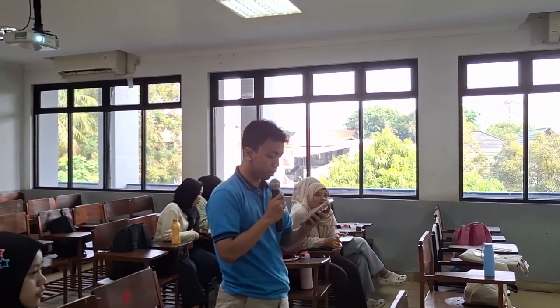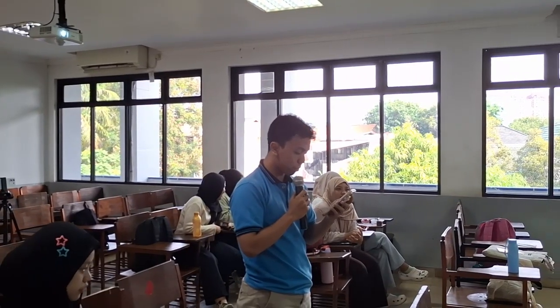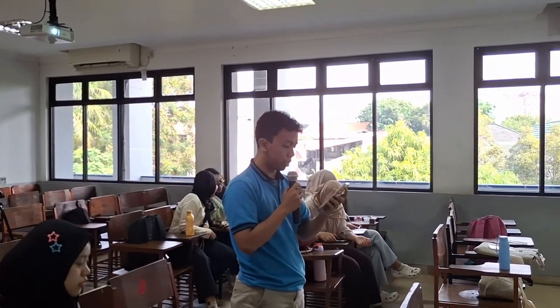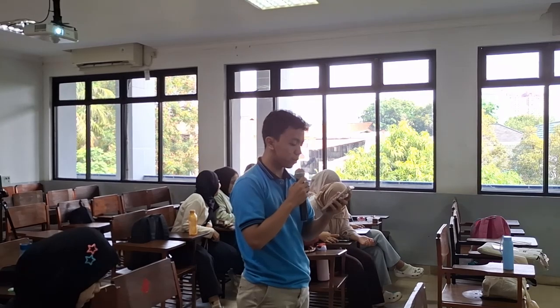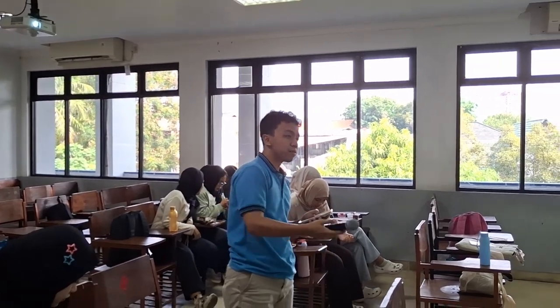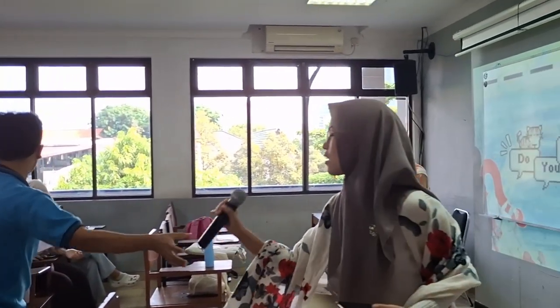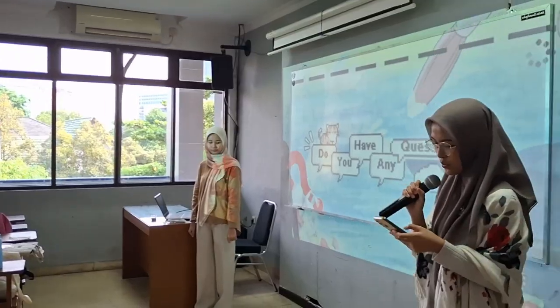My name is Abizaki. How does the present perfect continuous differ from the present perfect simple in terms of focus and use, especially when describing an action that started in the past and continues to the present? Thank you. Okay, thank you for the question.